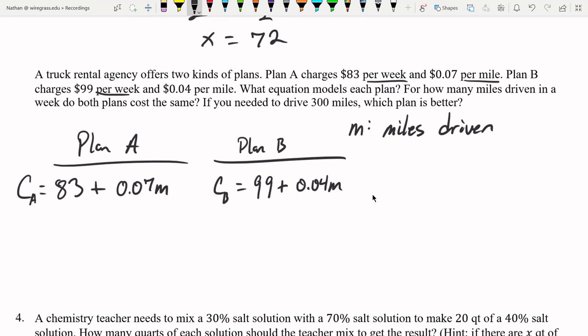The next one says, how many miles driven in a week do both plans cost the same? In other words, when are the two equal? So I don't really have to worry about the cost of A or cost of B. Really, we're just trying to make these two things equal. Well, this is just a linear equation in one variable. Get the variables by themselves. So I'm going to subtract the 0.04 m.